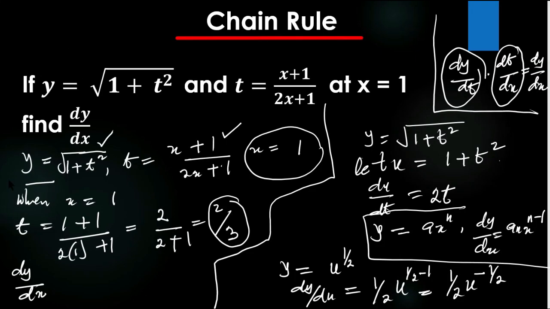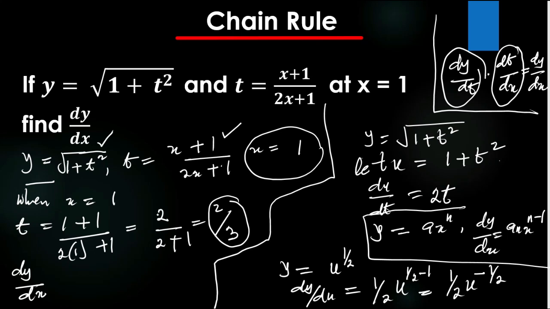Let's write that down first: half u raised to power minus half times du/dt, which is 2t. If you look at this carefully, the 2 here can cancel the 2 here. This will be u raised to power minus half times t.